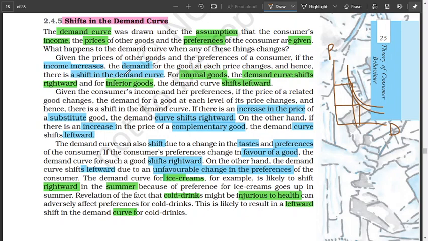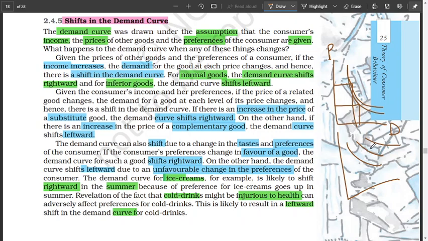But we have also learned that income is a determinant of demand, that demand depends on income. We have seen that for normal goods, the demand curve will shift to the right. For inferior goods, the demand curve will shift to the left. That means you can have two or three demand curves, depending on the types of goods.